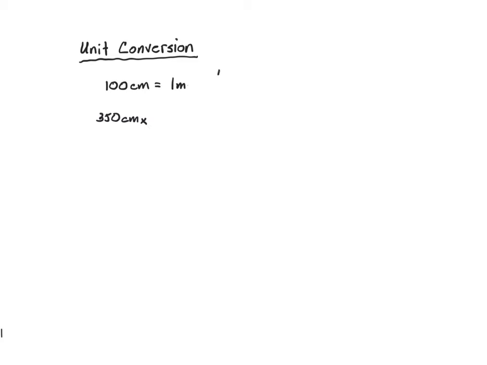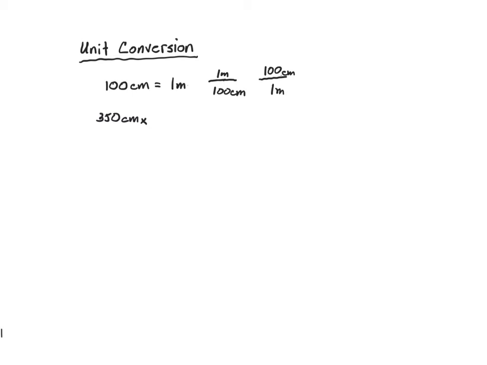And we said that we can derive a conversion factor from the equivalency that's given to us in the conversion. In fact, we would always be able to come up with two of them. One would allow us to convert from centimeters to meters, and the other one would allow us to convert from meters to centimeters.